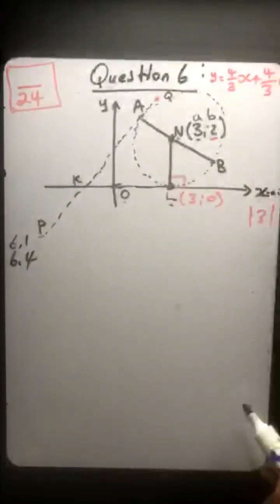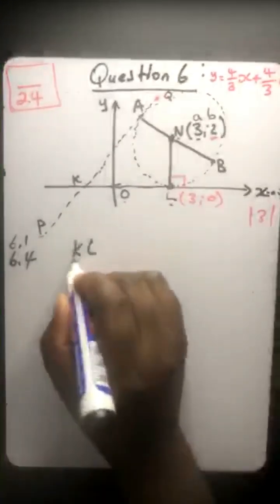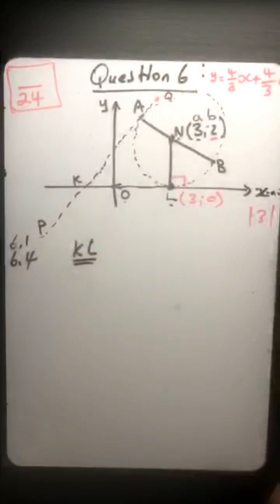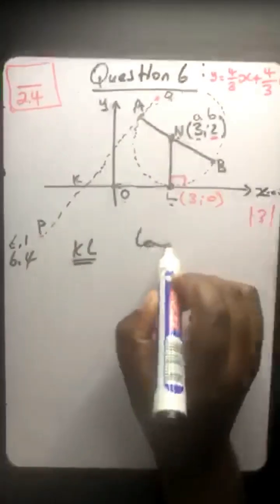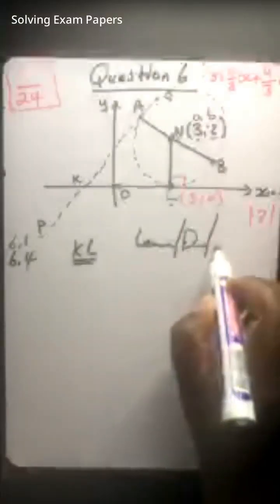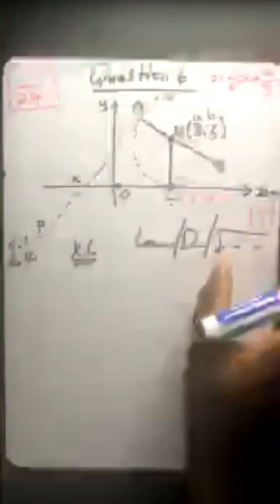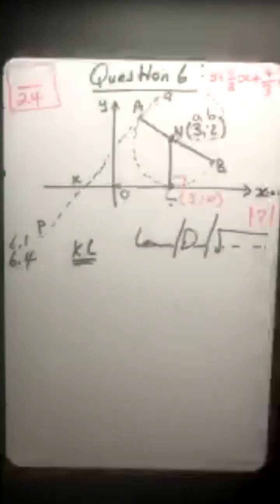So let's see. Calculate the length of KL. Before you go deep, when the examiner says length, they are simply talking about the distance, meaning you might need to remember the distance formula. Always remember length refers to distance.